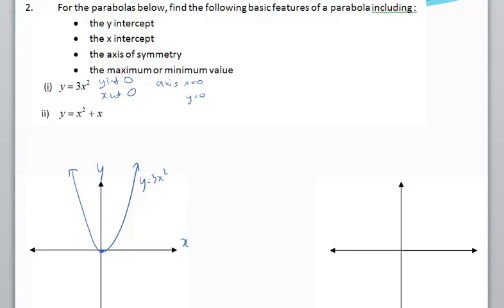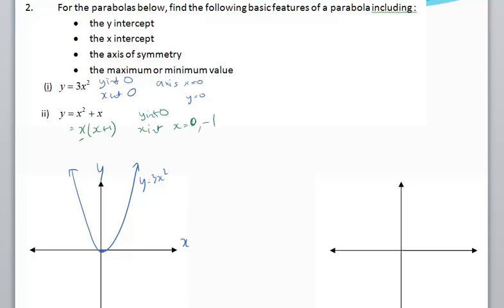So for our second line here, we're going to make this x outside of x plus 1 here. So we can say, okay, well our y-intercept when x is 0, our y-intercept will be 0. And our x-intercepts, we can either have x is equal to 0 for our first part here, or x plus 1 is equal to 0, x is equal to minus 1 here.